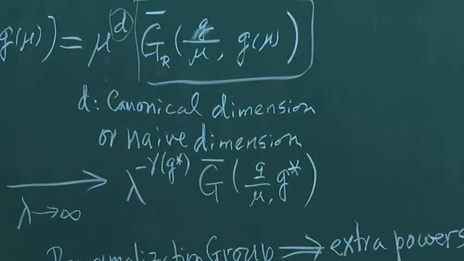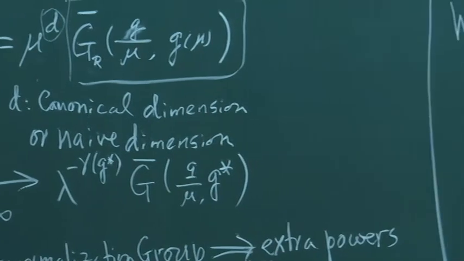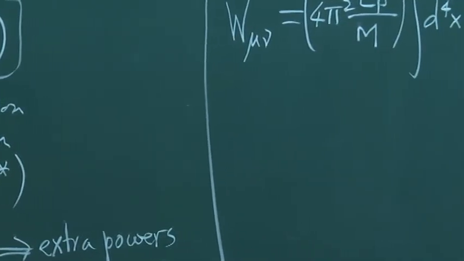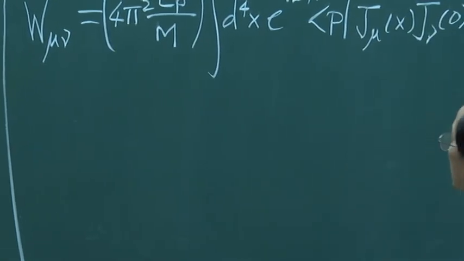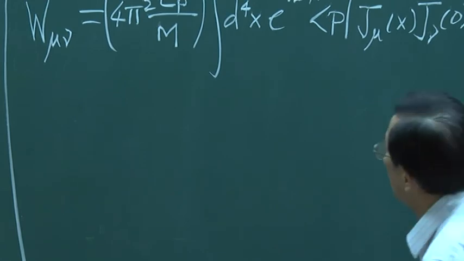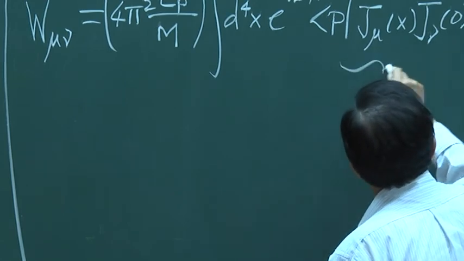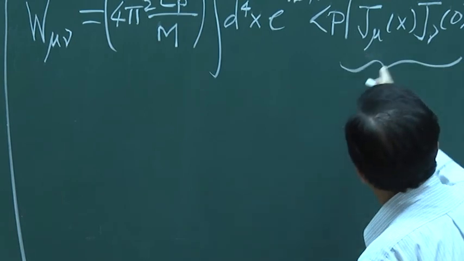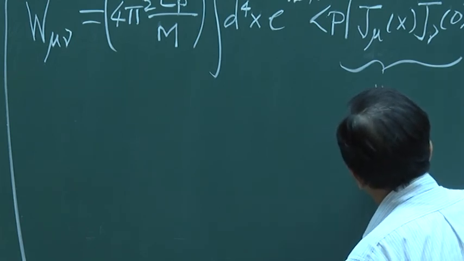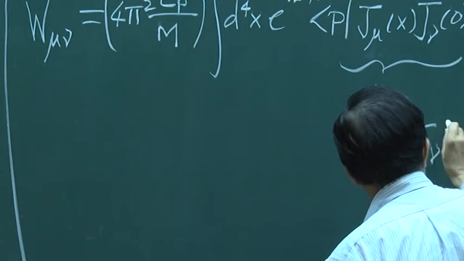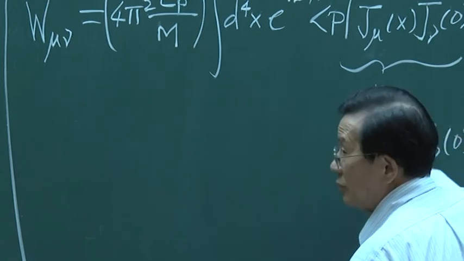And then we have the integral d^4x e^(iq·x), and then the momentum, and then the matrix element of j_mu(x) j_mu(0) with p. This tensor appears in the construction of cross-section for deep inelastic electron scattering and so on. What I want to do now is to show you that this product can be turned into a commutator. You can do this.